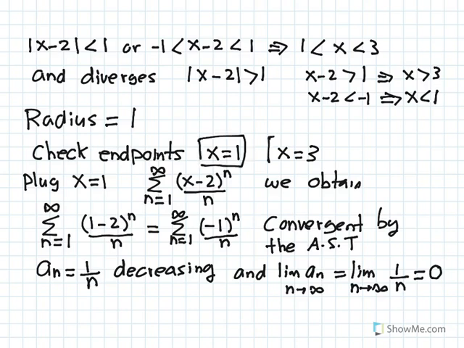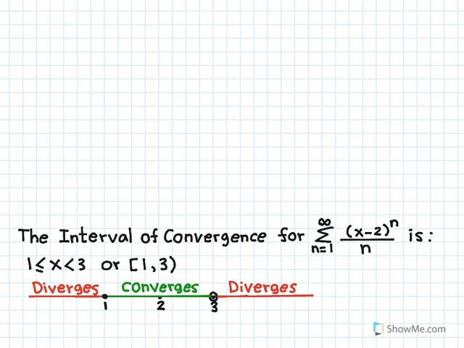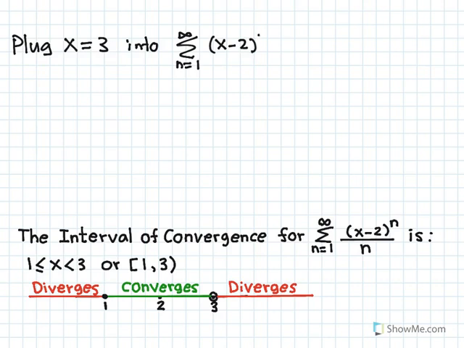So now let's check the right endpoint, x equals 3. All right, plug x equals 3 into summation n equals 1 to infinity of (x minus 2) to the power of n divided by n.